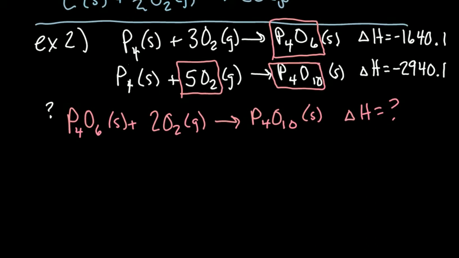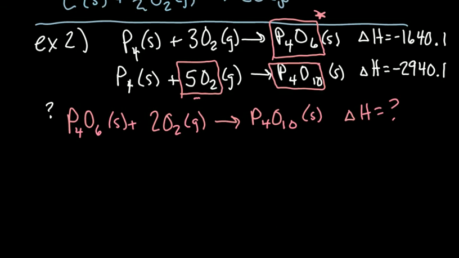And the reason I chose this one right here is, let me think here. Oh yeah, I gotcha. Because right up here, I can already see that I'm going to have to flip this one around. When I flip it, the O2 is no longer going to be on the right side of the equation.